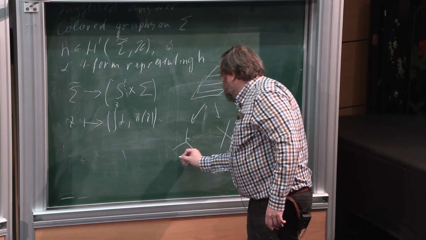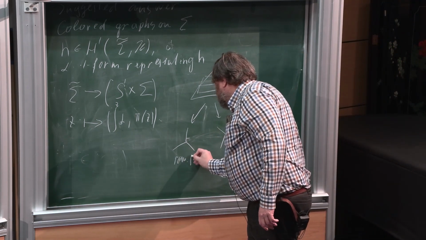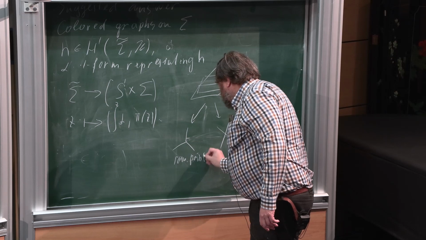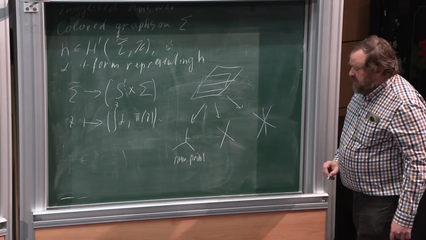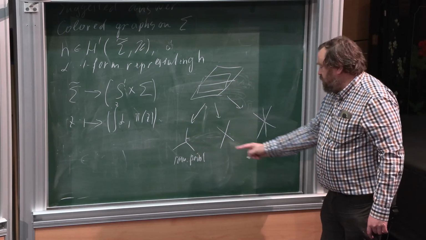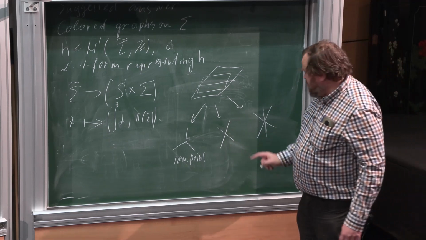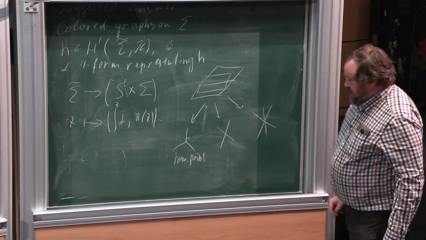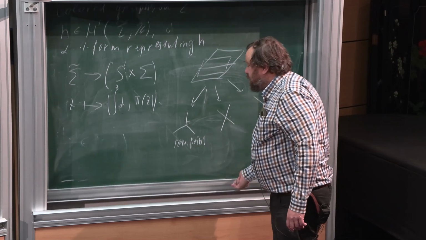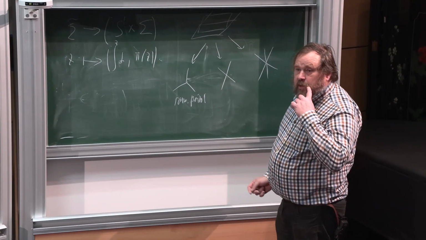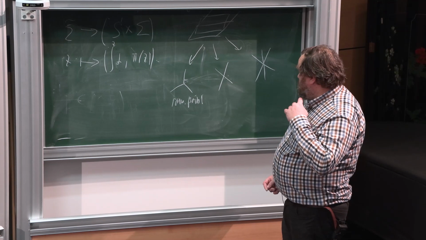These are ramification points. Ramification points and only ramification points give three-valent vertices. These are two-valent vertices, these are four-valent vertices. These are six-valent vertices. Moreover, this six-valent vertex is not a combination of these two three-valent ones.